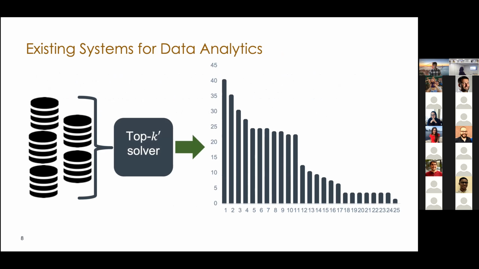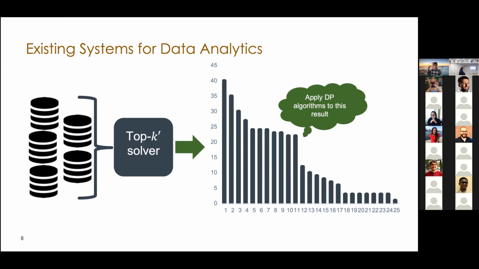And the output of this is going to be this already aggregated version of the data. So we can ask the black box, hey, give me the top K of some queries, and it will provide a limited number of results. And so it's this histogram that we want to apply algorithms to.